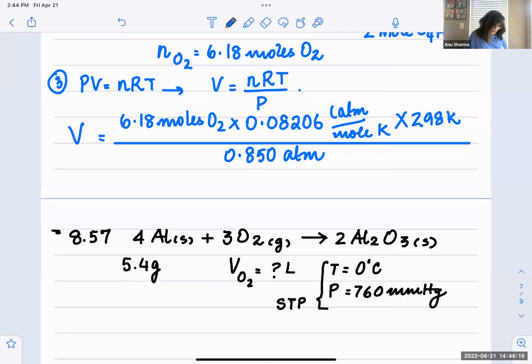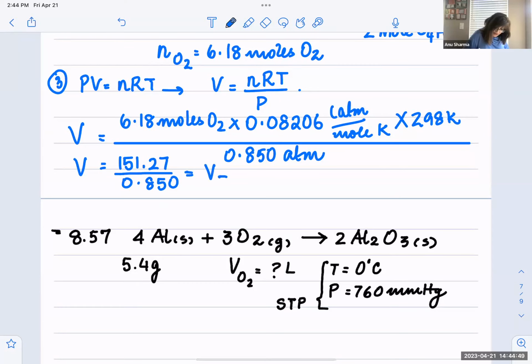So do this, 6.18 times 0.08206 times 298, and that is equal to 151.27. Divide that by 0.850, and that gives you 177.97, so volume in liters is 178 liters.